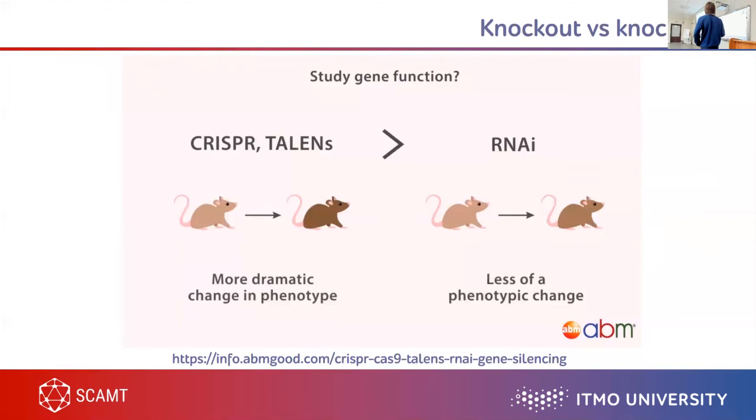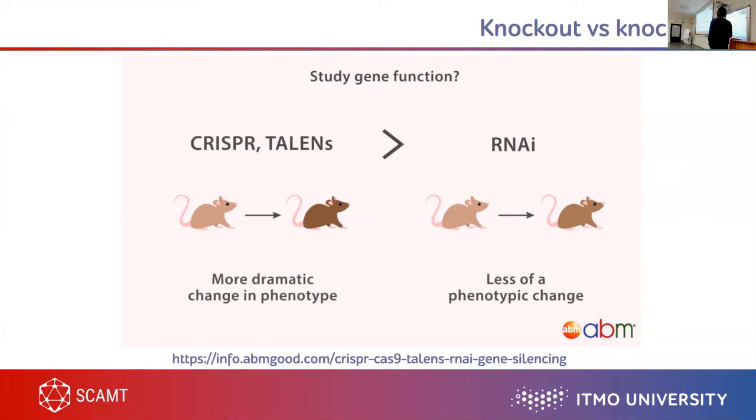This is the picture where we can understand how knockout and knockdown work. There is the example of mice. For example, we want to make our tan colored mice chocolate color. We conducted gene knockout, and the mouse got chocolate color.